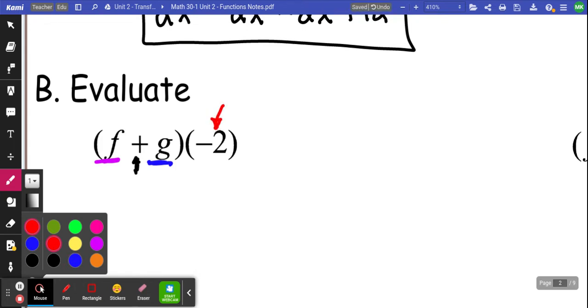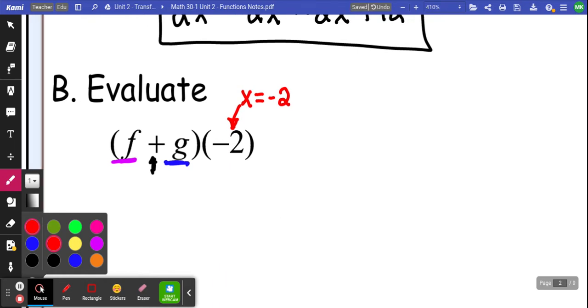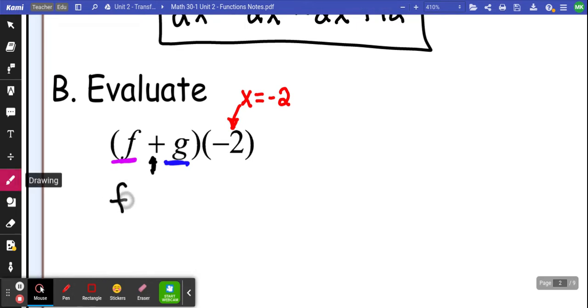So they're saying x equals negative 2. I could rewrite this to look like this, and I think it's a little bit nicer. I could say f of negative 2 plus g of negative 2. Instead of f of x plus g of x, I'm saying f when x equals negative 2 plus g when x equals negative 2.